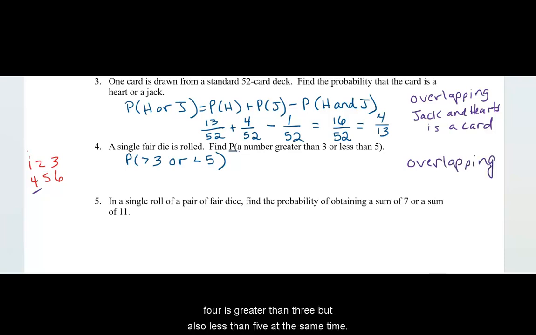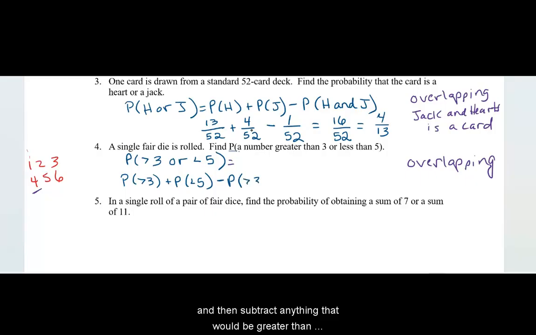And that's because the number 4 is greater than 3, but also less than 5 at the same time, which means now I'm going to find the probability of each of these, and then subtract anything that would be greater than 3 and less than 5. So how many numbers are greater than 3 on the die?